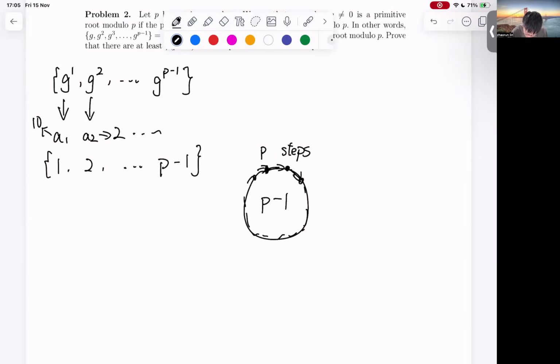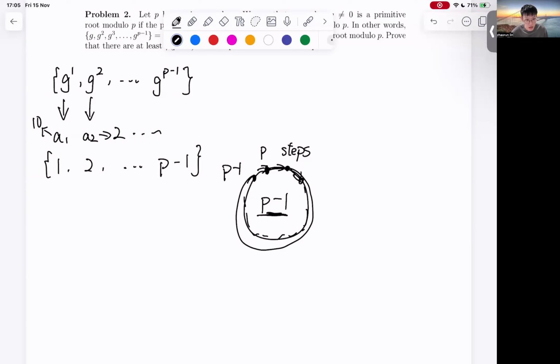Then the P minus 1 step is just one element before where we start. So this includes all of the P minus 1 elements, and this is a primitive root because it exhausts all of them.